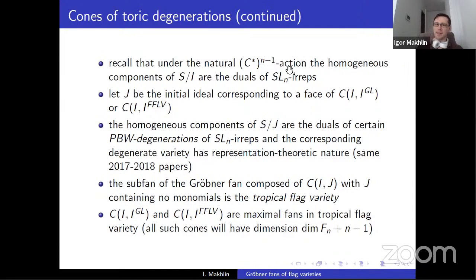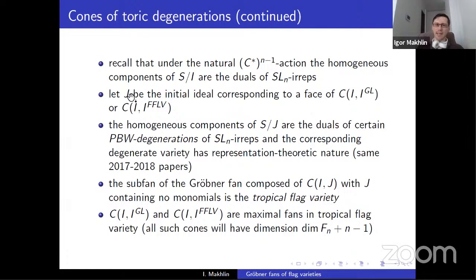And these homogeneous components of the Plücker algebra are the duals of the finite dimensional irreducible representations of SL_n. They are enumerated by the same objects: the dual of every finite dimensional irreducible representation occurs exactly once among these homogeneous components. And this is the relation to representation theory here.